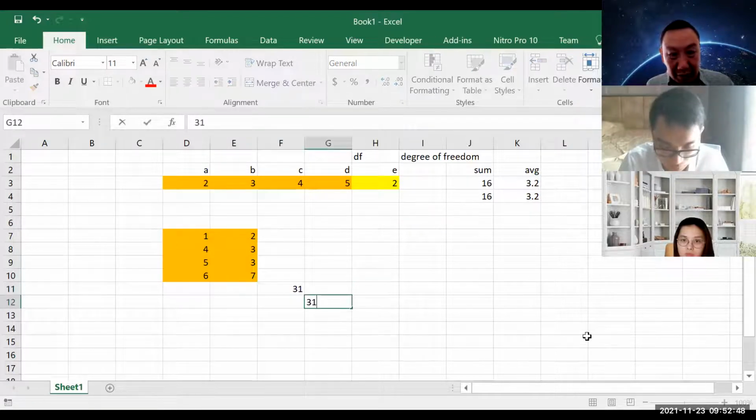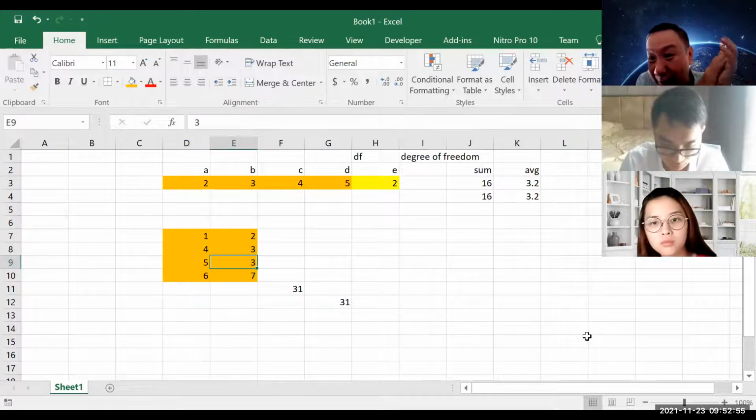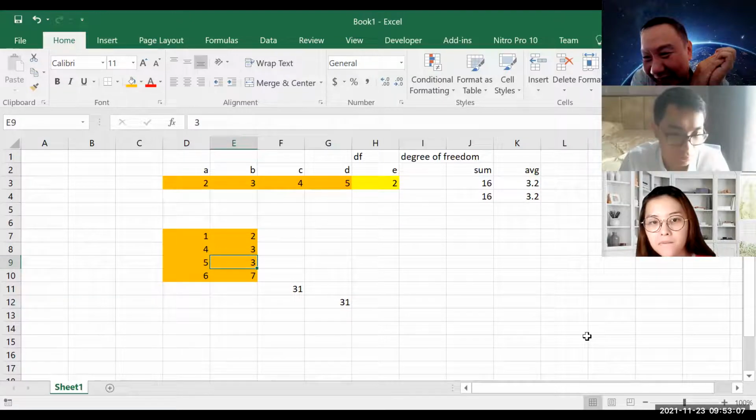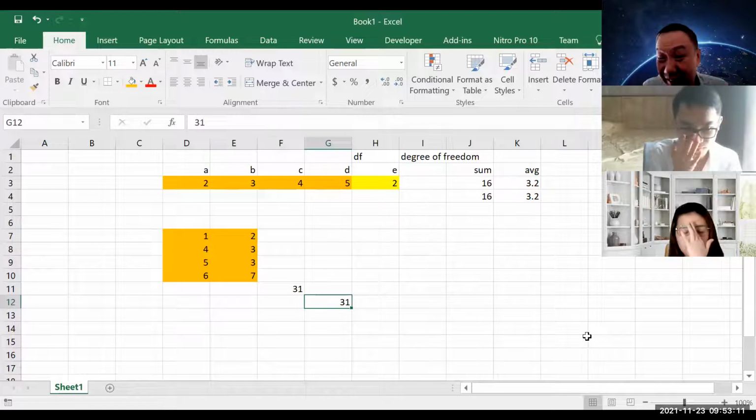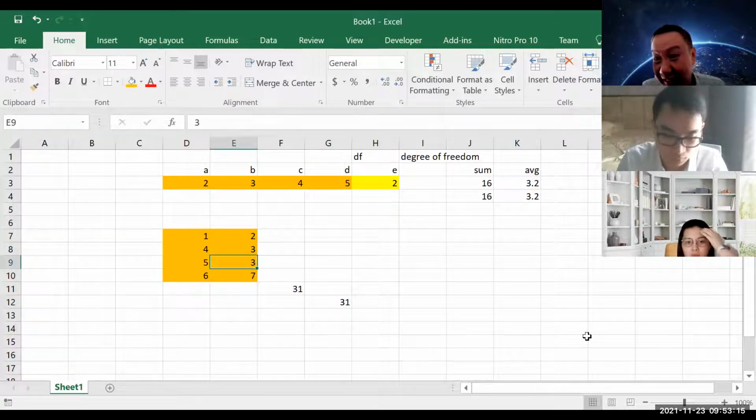I will put 31 here. So how many data can I delete in this 2 by 2 table? What is the degree of freedom of this table? So given the statistic, which is 31, how many data can I delete here so that I can recover?